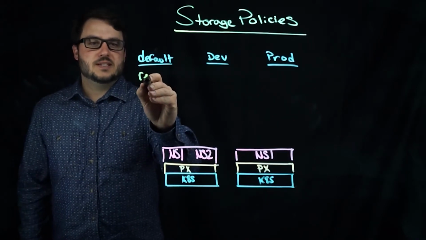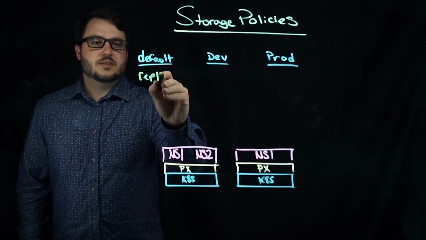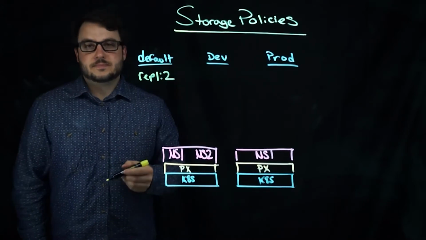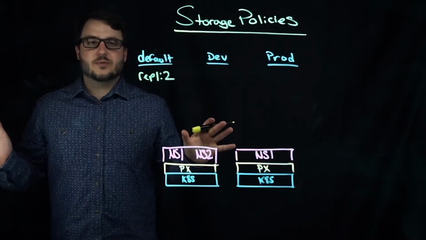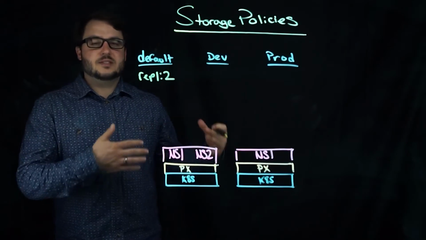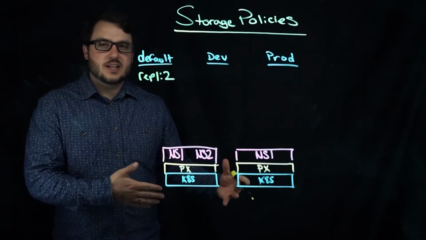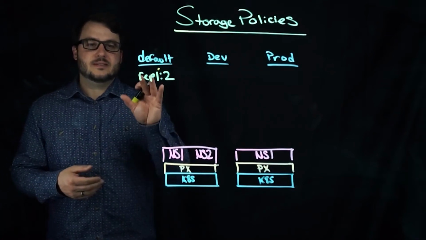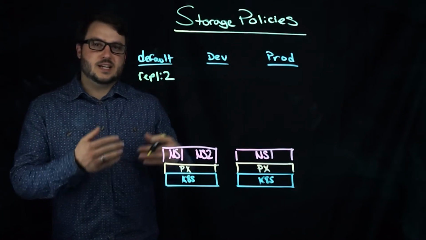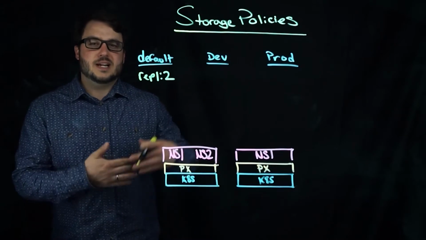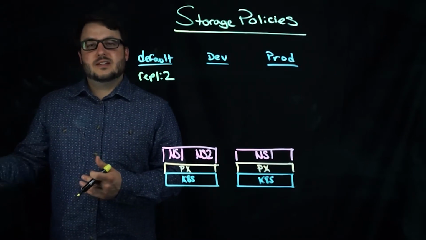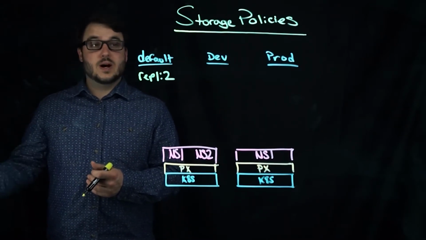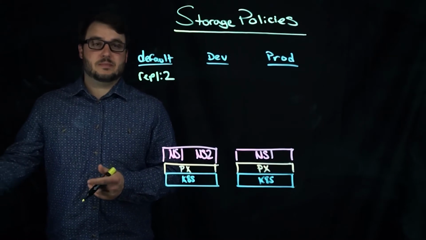We might say by default, we want the replication to be 2. And that's all we might say for default. If you didn't specify a replication level when you create a volume, we're going to say that it should be 2, meaning that it gives you some high availability, but not the max, but it gives you better than a single replica, unless you want to specifically use 1 replica.